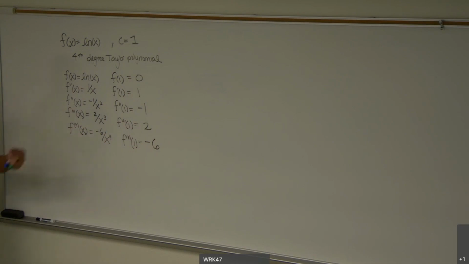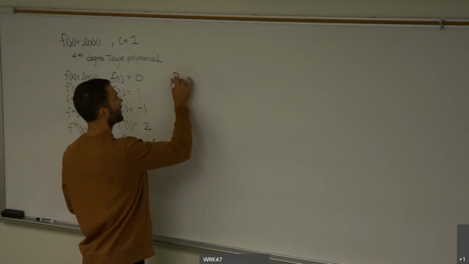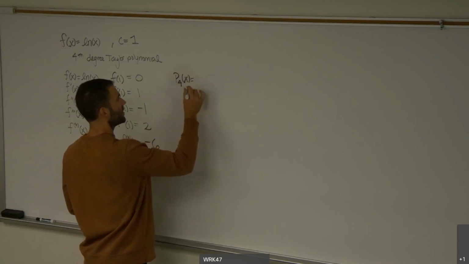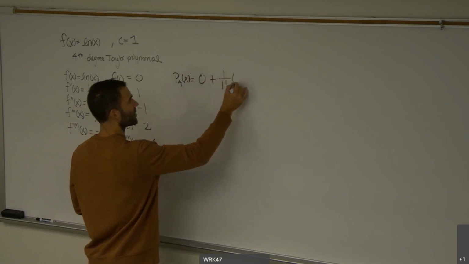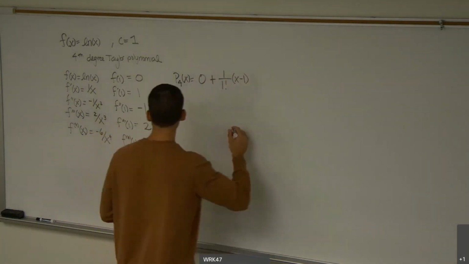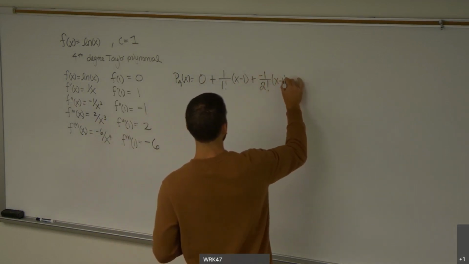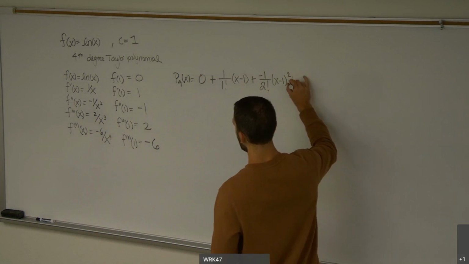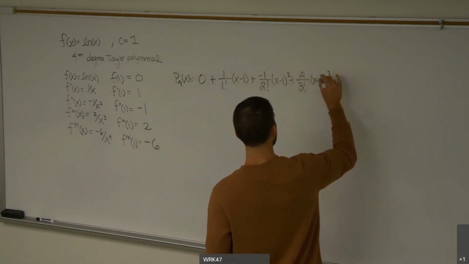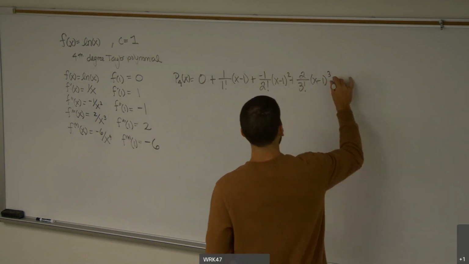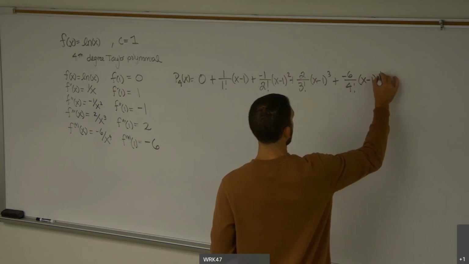And so we can create now a polynomial using these numbers, following this algorithm. P4 of x would be 0 plus 1 over 1 factorial x minus 1 plus negative 1 over 2 factorial x minus 1 squared plus 2 over 3 factorial x minus 1 cubed plus negative 6 over 4 factorial x minus 1 to the 4th.